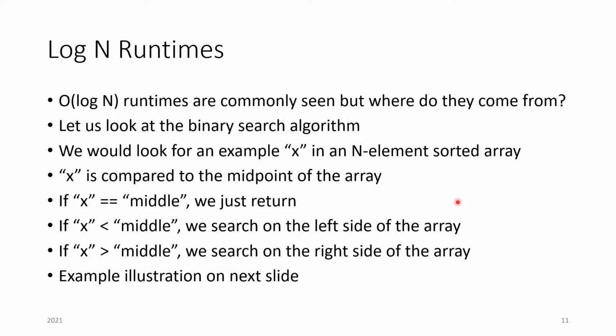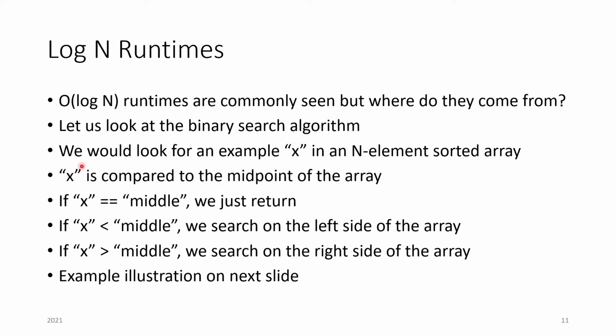Now, we also saw that there was an order of log of n, but where does this order come from? This order basically comes from what we refer to as the binary search algorithm. So the binary search algorithm is like if we're looking for an x value here in some n elements sorted. Remember, the array here is already sorted.